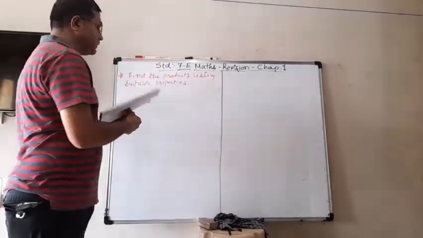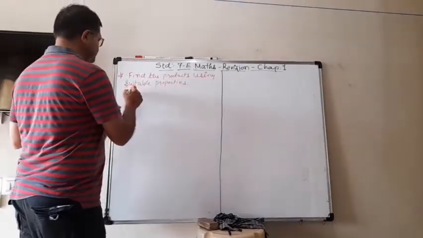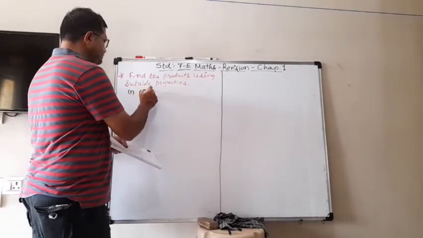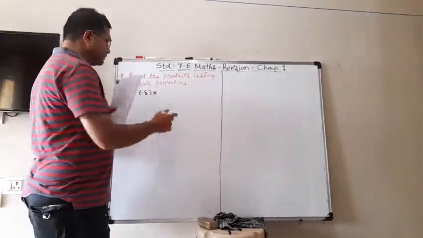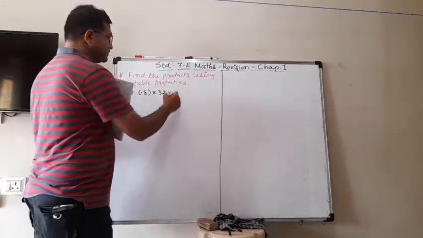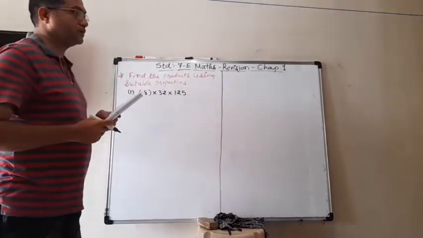to do that multiplication. The first question is minus 8 multiplied by 32 multiplied by 125.